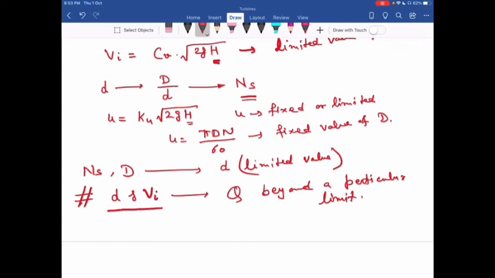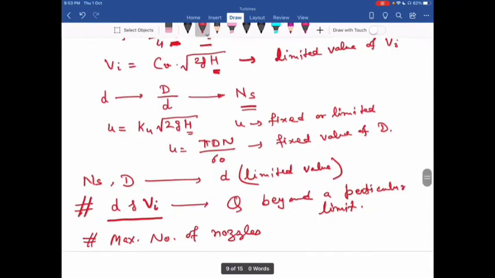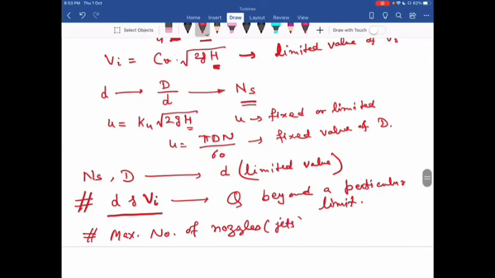So to use the available discharge at maximum optimum level, I can use the number of nozzles, or you can say jets, up to 6.